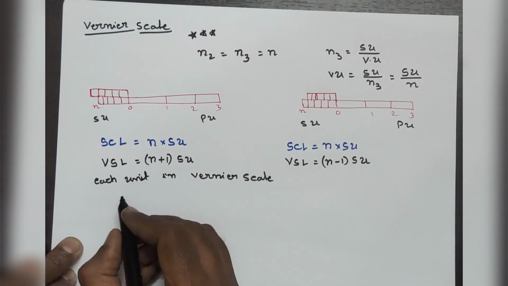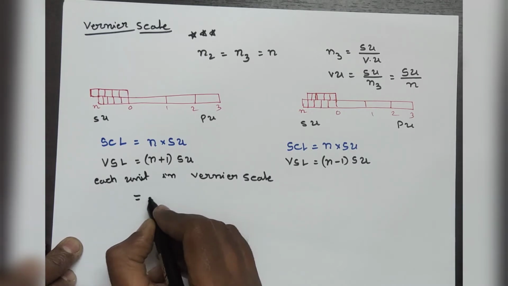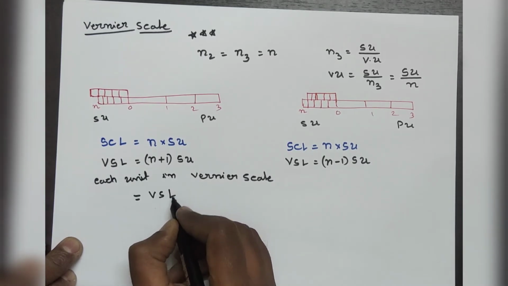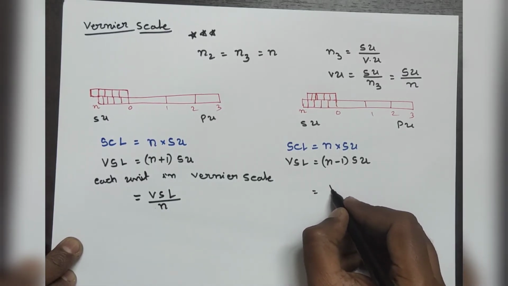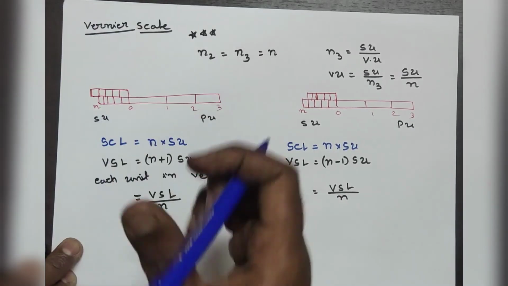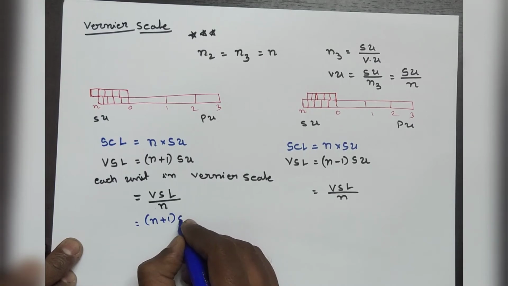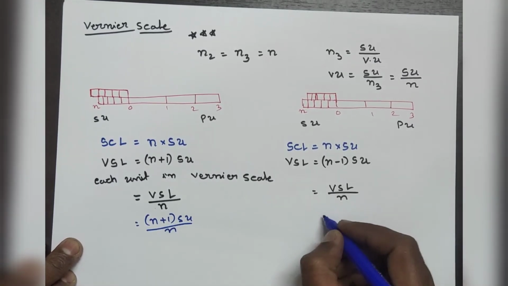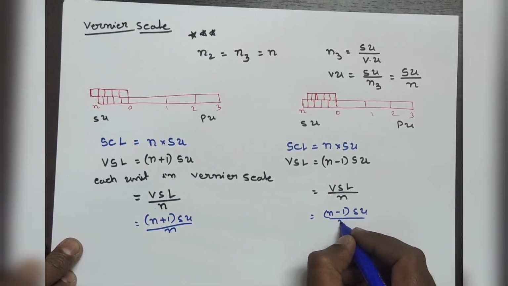So each unit is going to be VSL, vernier scale length, divided by n. Here also the same, vernier scale length divided by n. How much value are we going to get? Vernier scale length is n plus 1 into secondary unit divided by n. Here it is n minus 1 into secondary unit divided by n.